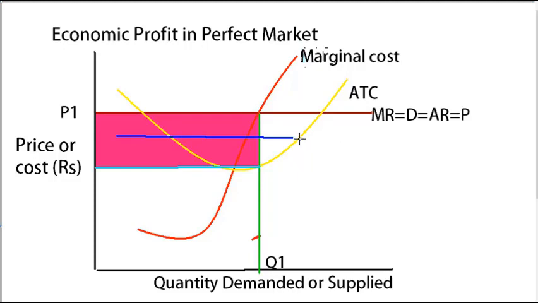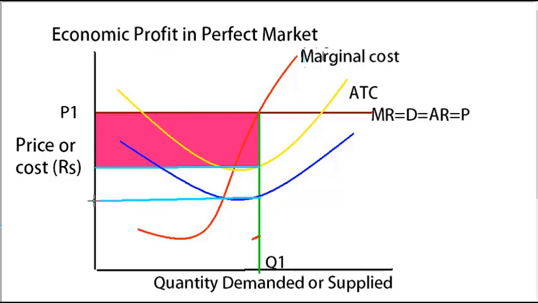Now if we want to know how much is the variable cost and how much is the fixed cost, we can draw an average variable cost curve, like average total cost. What will be the shape of average variable cost?